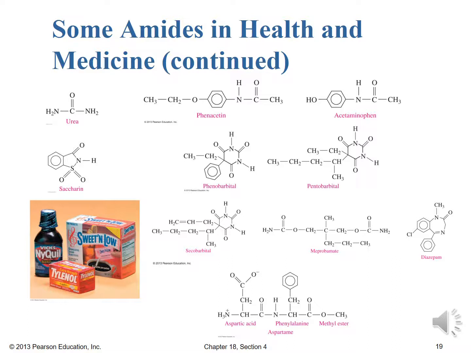So aspartame down at the bottom is an amide because it has that carbonyl to nitrogen bond, which is the peptide bond, as you probably learned it in biology. Of course, in chemistry, it's an amide bond, and that's what we call proteins.